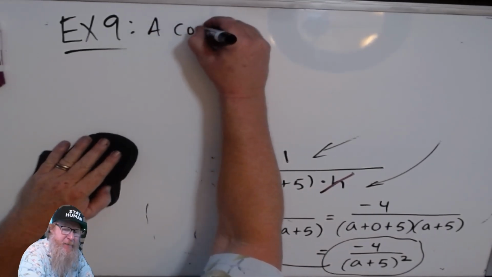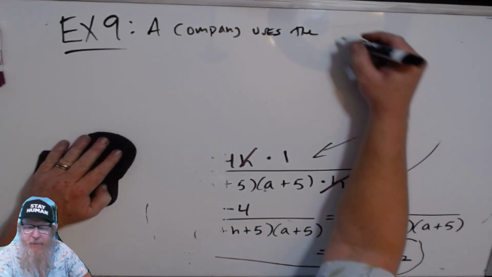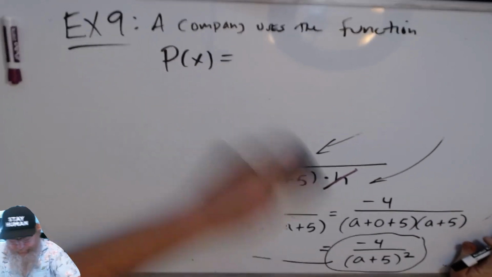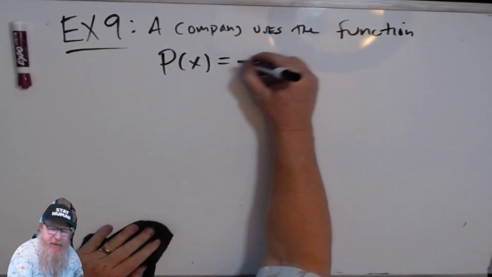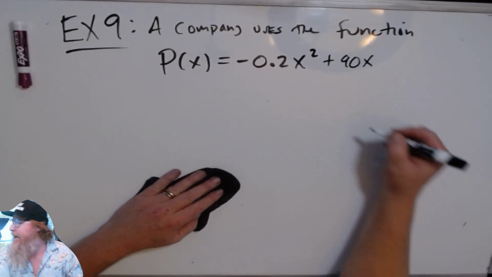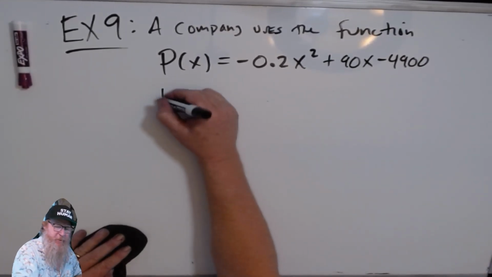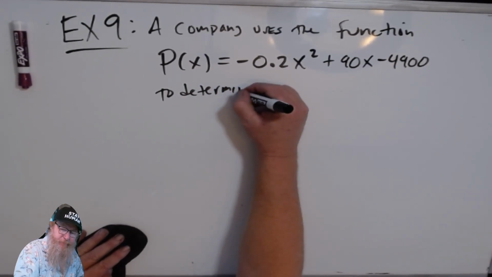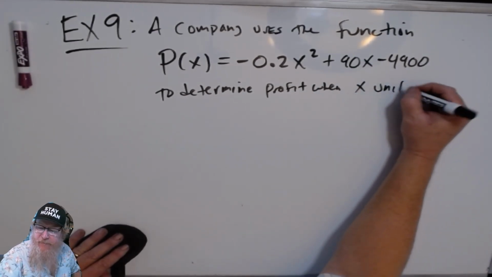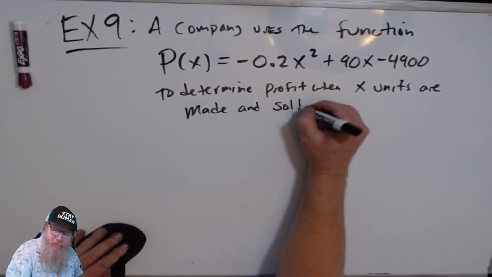So a company uses the formula, the function, same thing, P of X is negative 0.2 x squared plus 90x minus 4,900 to determine the profit when X units are made and sold.